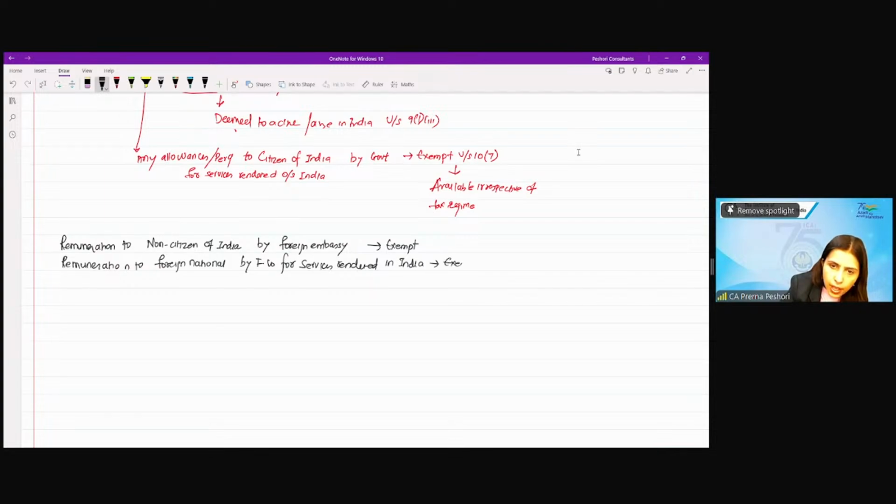This is also exempt, subject to: A, the foreign company is not engaged in any business or trade in India.